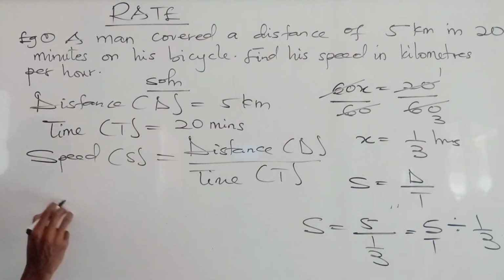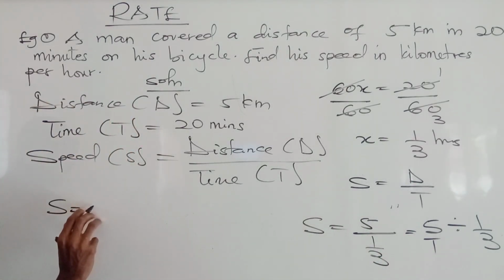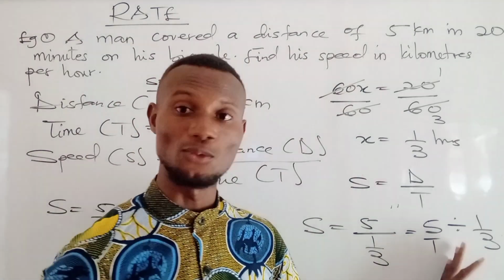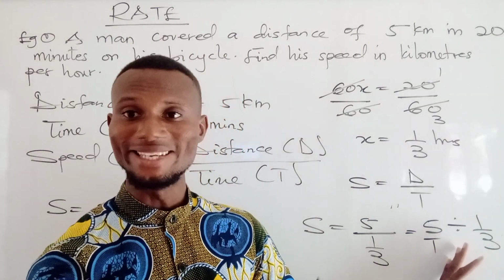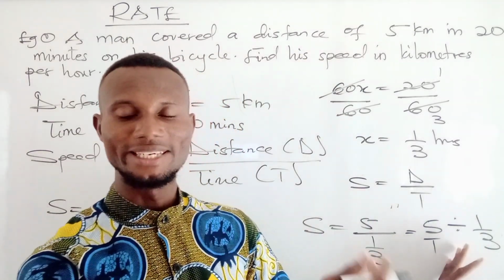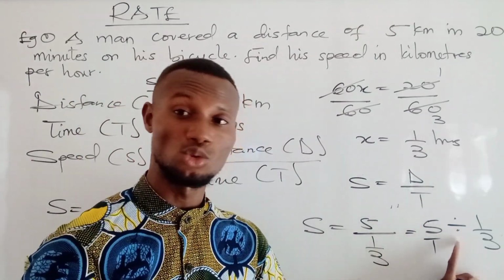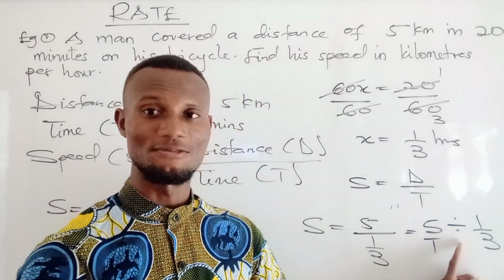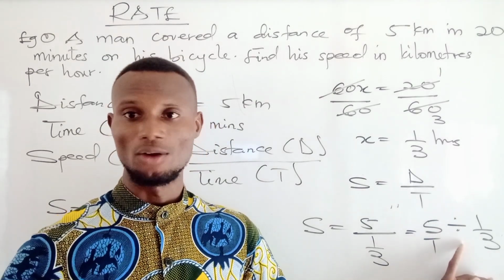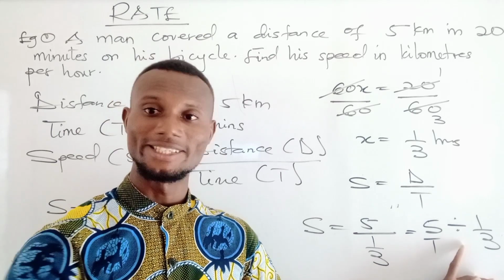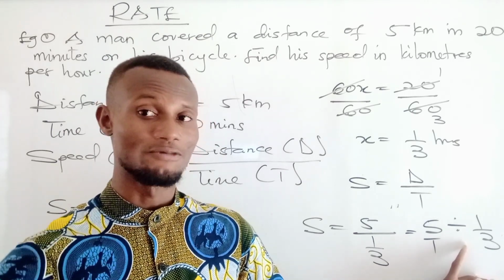So I have my speed equals 5 over 1 times, now when you are changing this to multiplication, what you do is that you maintain the first fraction, then you interchange the second fraction upon changing the sign to multiplication. We've learned this under operations on fractions: the addition, subtraction, multiplication and division of fractions.